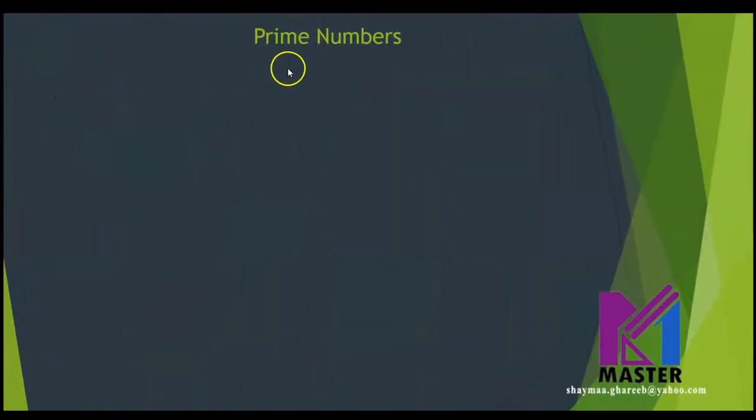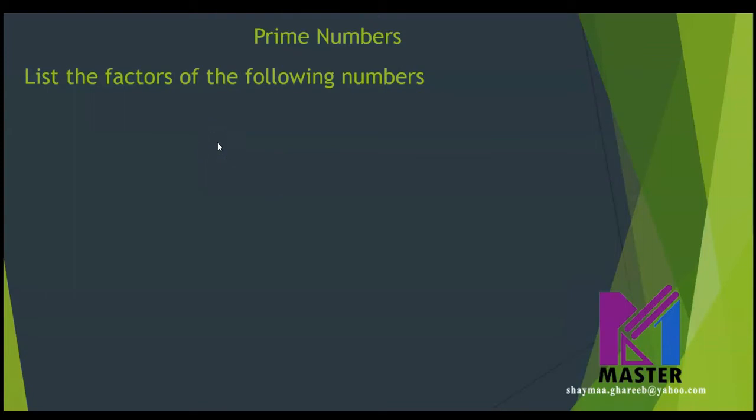Now, let's talk about the other part of today's video about prime numbers. Before we start this lesson, let's remember together how to list the factors of the following numbers. For example, if I want to find the factors of number 5, the factors are the numbers that when I multiply them together, the answer or the product will be 5.